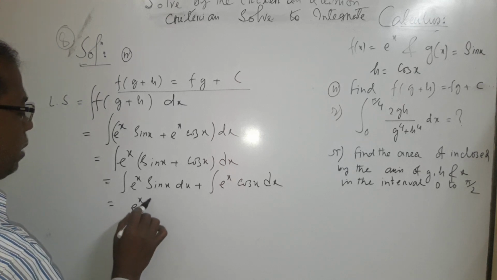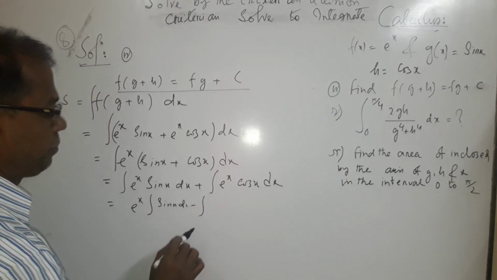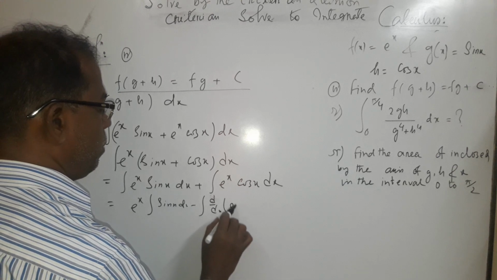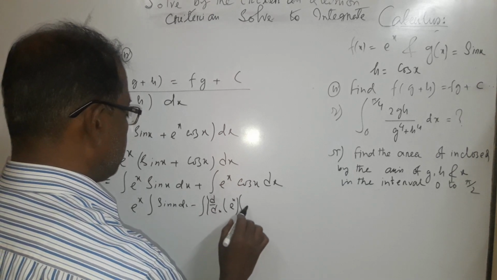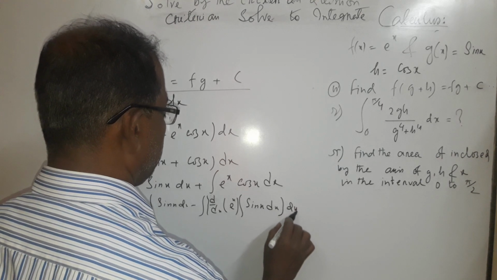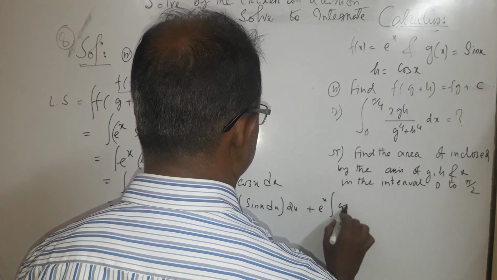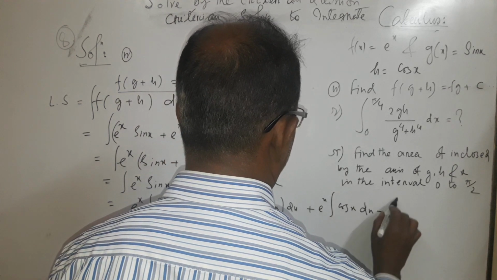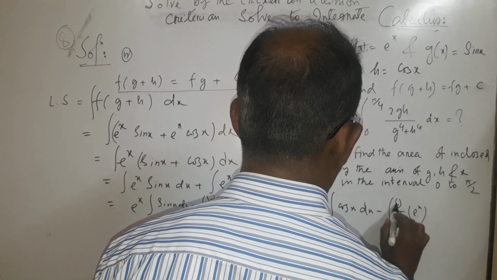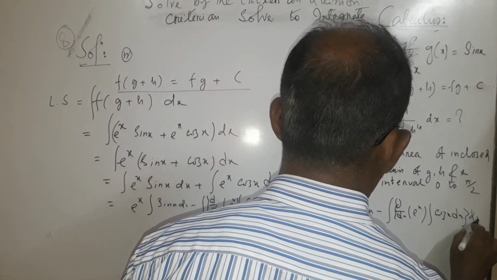E to the power x integration sin x dx and minus integration d by dx of e to the power x, integration sin x dx, close dx, and secondly e to the power x integration cos x dx minus integration d by dx of e to the power x, integration cos x dx, close dx.